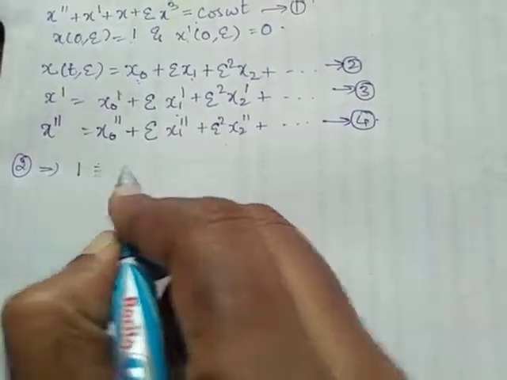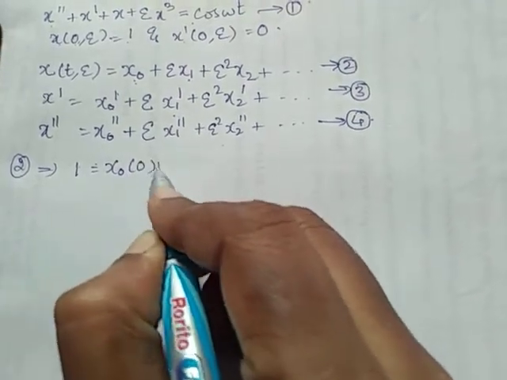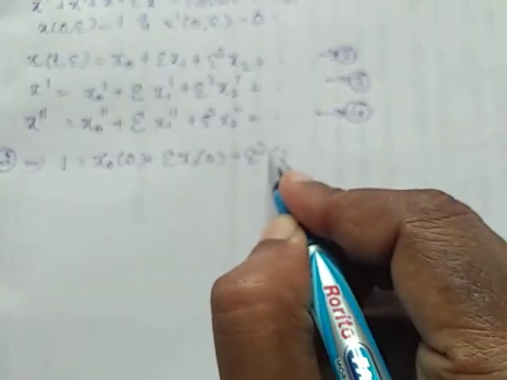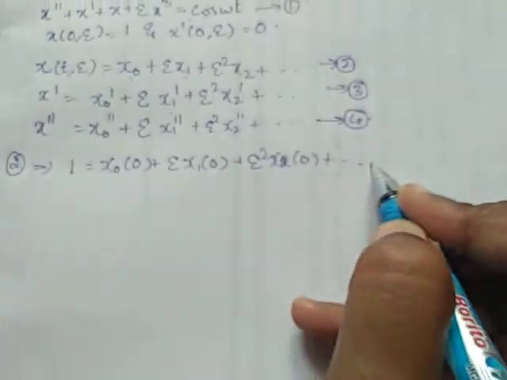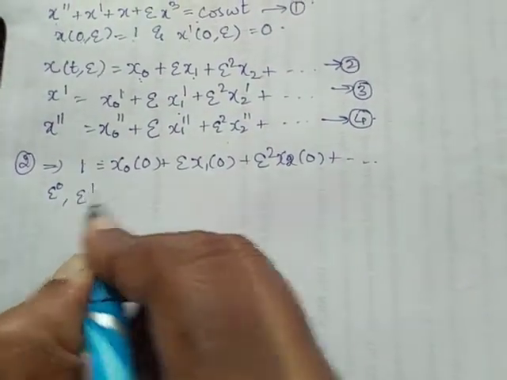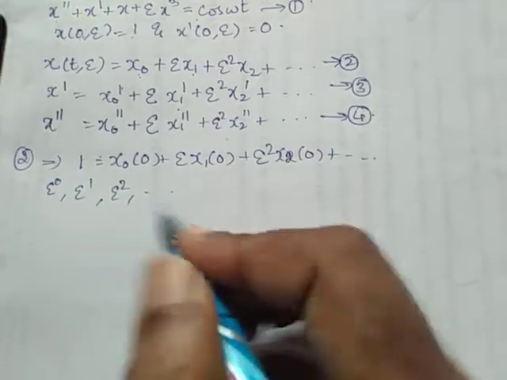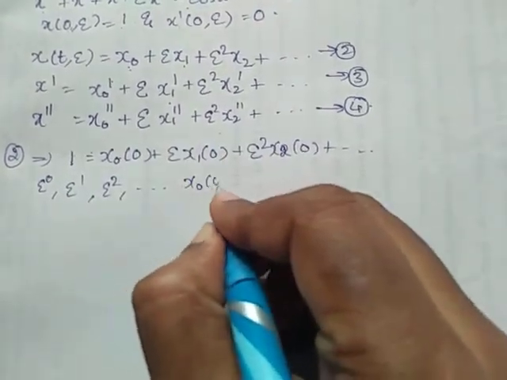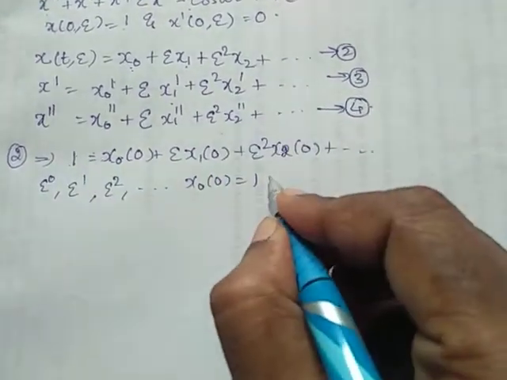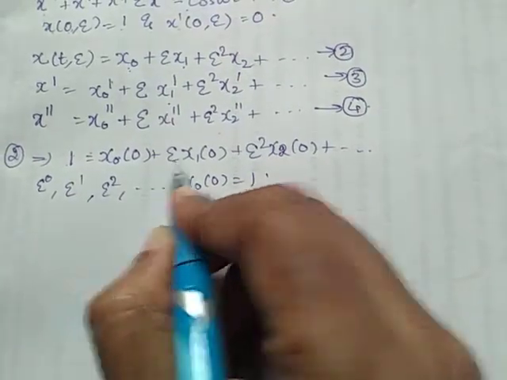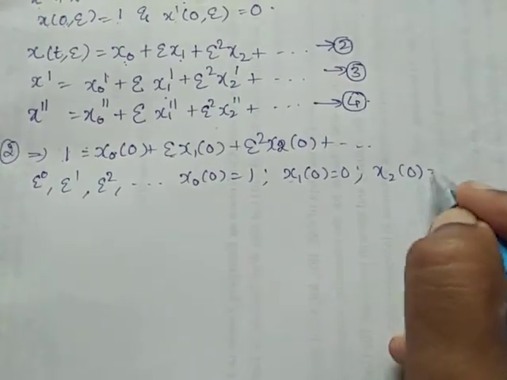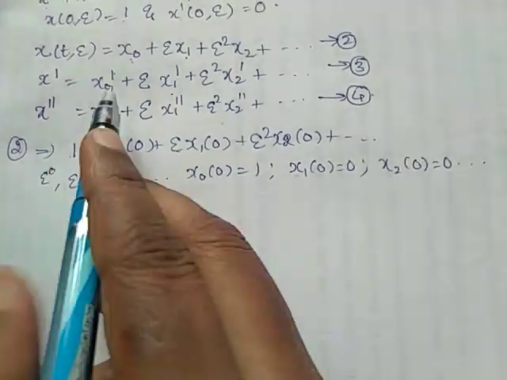Therefore LHS is 1, and RHS is x0 of 0 plus epsilon x1 of 0 plus epsilon square x2 of 0, etc. Equating the coefficients of epsilon power 0, epsilon power 1, epsilon power 2, etc., we will get x0 of 0 equal to 1, x1 of 0 equal to 0, x2 of 0 equal to 0, etc.